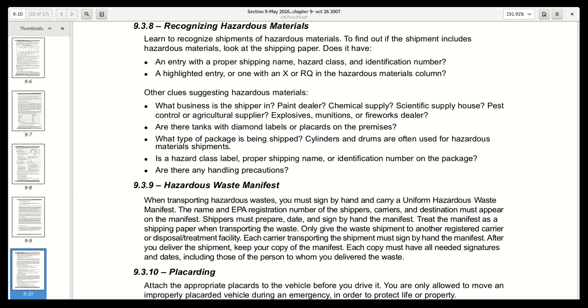What type of package is being shipped? Cylinders and drums are often used for hazardous material shipments. Is a hazard class label, proper shipping name, or identification number on the package? Are there any handling precautions? So these are all clues suggesting hazardous materials.